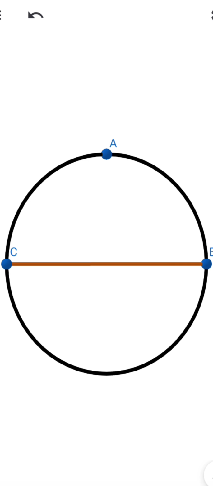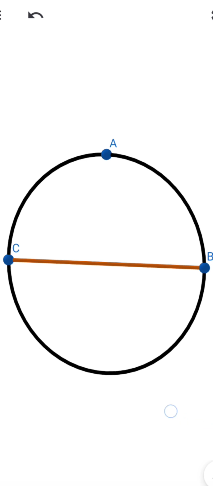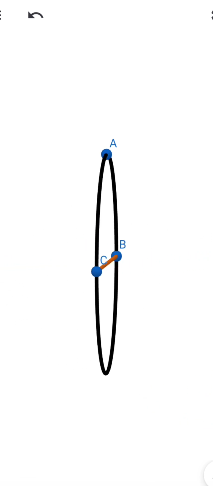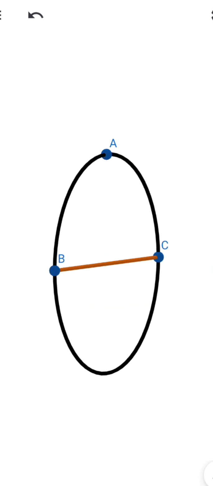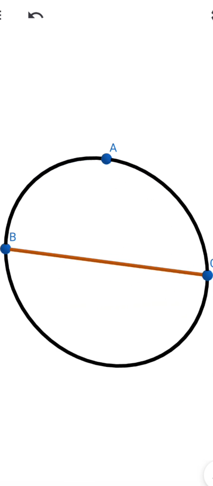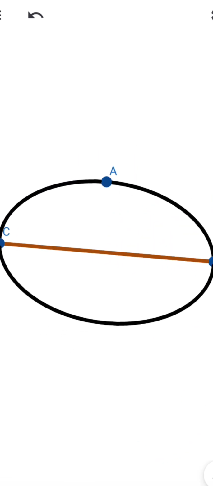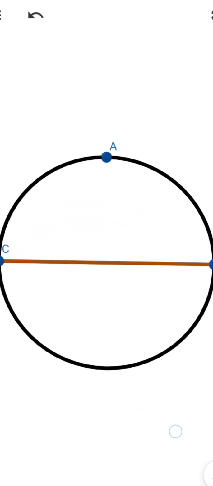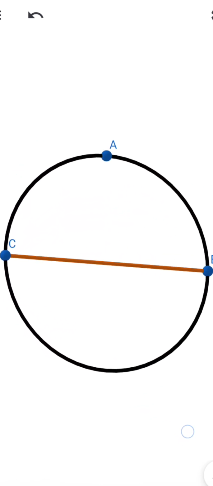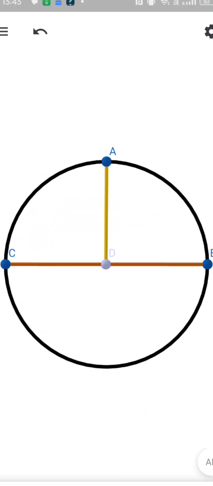Diameter is any line from 2 points on the circumference. Like here you can take the example, I have taken 2 points C and B on the circumference of the circle. So CB is the diameter only when it passes through the center.